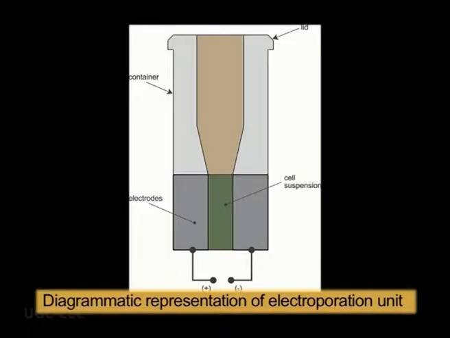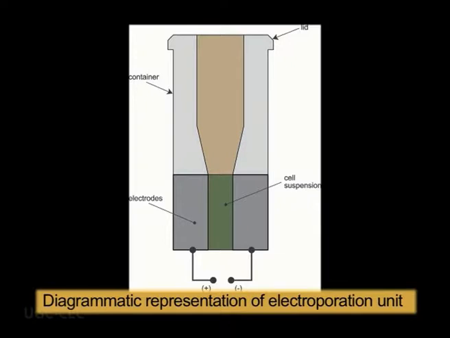So definitely calcium chloride, if it is naturally present, will induce natural competence, but if it is introduced from outside, it will induce artificial competence. So what I was telling you is that artificial competence can be introduced by electric current or electric pulse. This is an electroporation unit where you can see a cell suspension with electrodes, and the electric pulse is given.